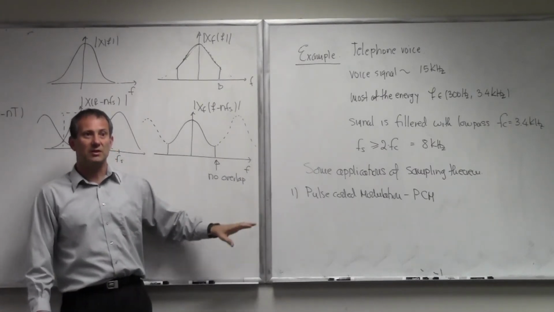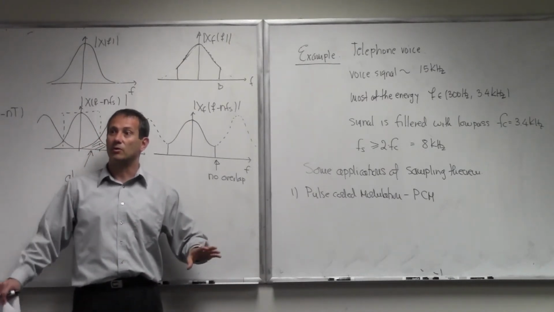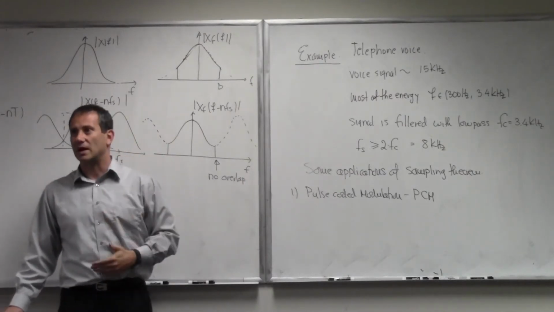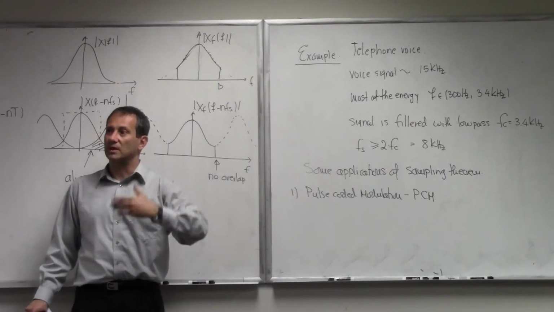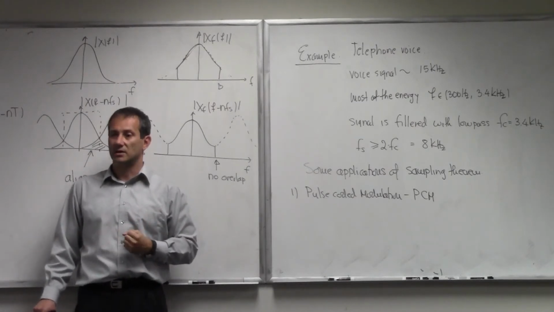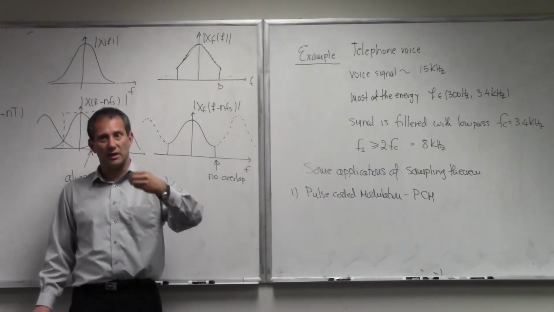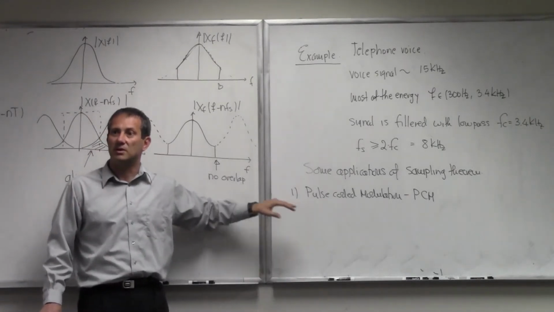So PCM, TDMA is still running the majority of our landline backbone communication. It is only within the last, what they call last mile access, from the access point to the user, that we have a lot of wireless access schemes these days. But as soon as you get into the backbone of our communication systems, it is using a PCM, TDMA scheme.